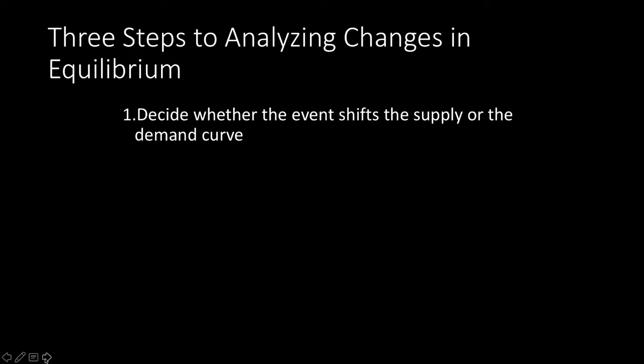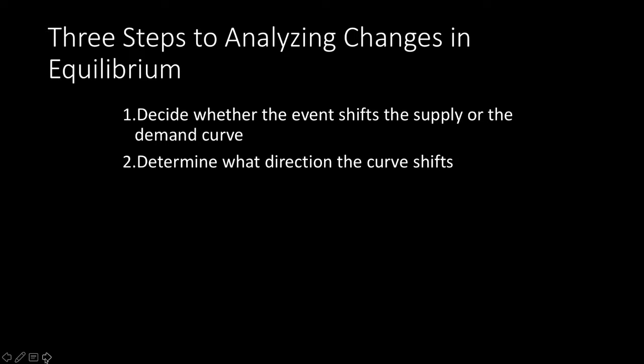So when analyzing how a change in market conditions affects a market, I really have, pardon me, 3 steps I want you to follow. Step 1, ask yourself, is this a shift of supply or a shift of demand? So that's the first thing you have to ask yourself. Is this IP10 or is this I10?